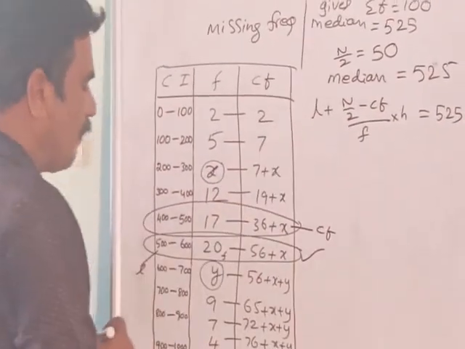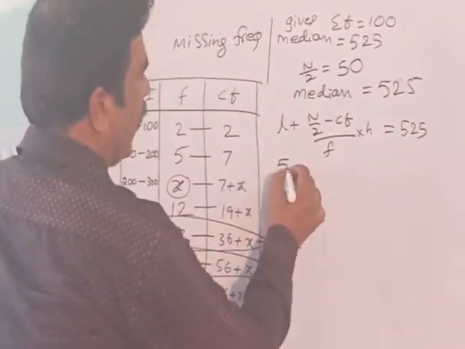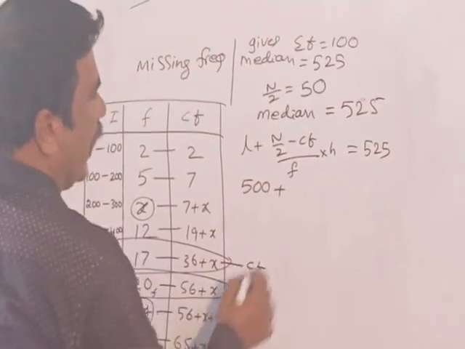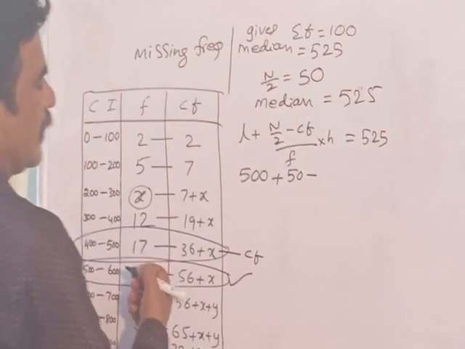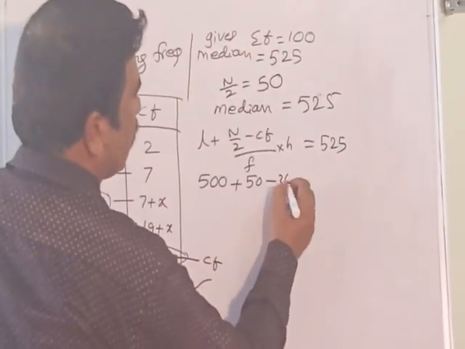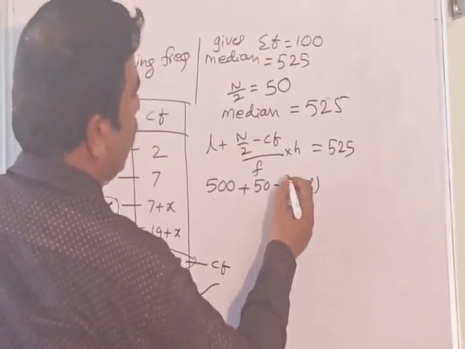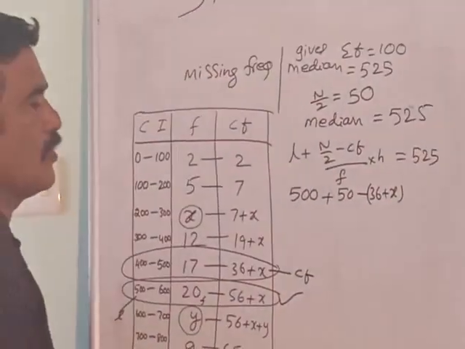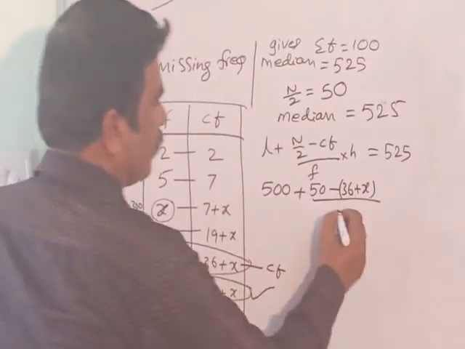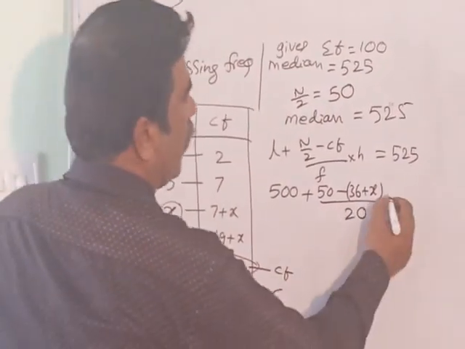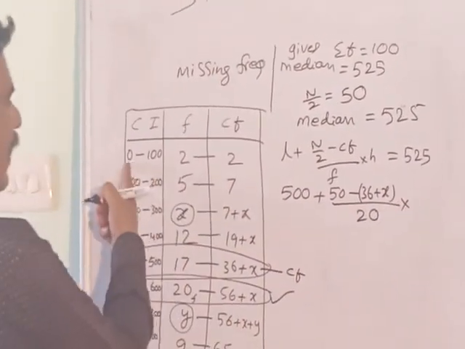Now substitute the values. L 500, n by 2 is 50, Cf is 36 plus x. Take brackets here, otherwise it goes wrong, by f is 20 into h. h is the class size.